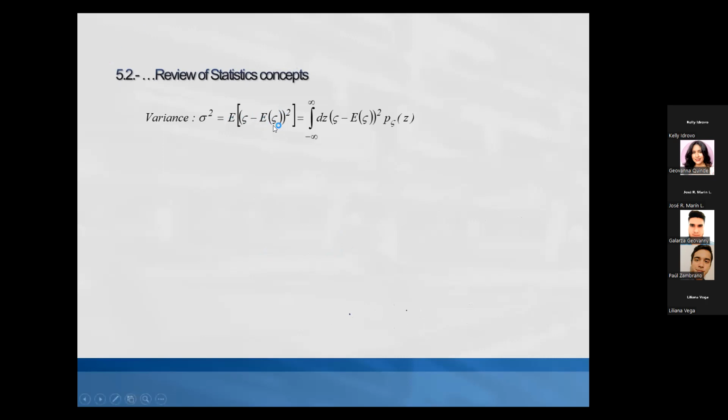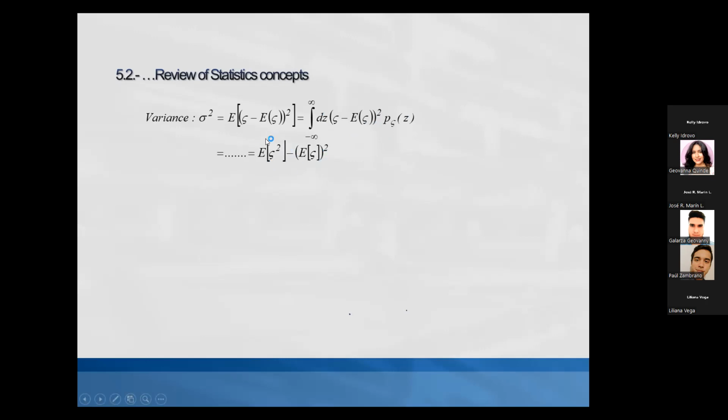That's the interpretation. By definition, that's the way you calculate it. And remember that this is a very common exercise when you do the statistics class. You expand this square and do some integration, and the result is this.